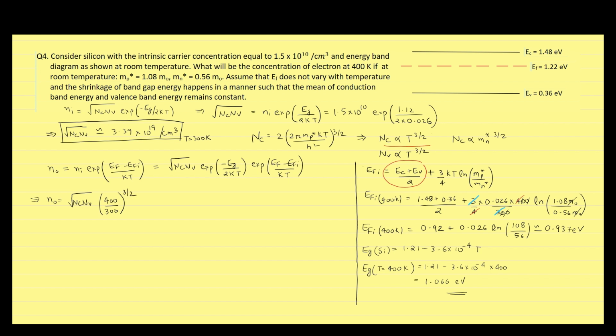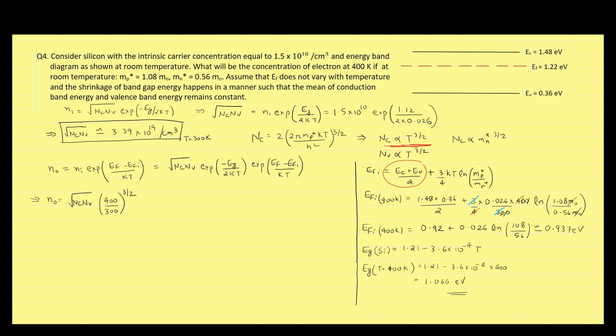We know that Nc is directly proportional to temperature raised to the power 3/2. One expression will come from the Nc and one will come from the Nv. This 300 is divided as we know the value of Nc at 300 Kelvin, and 400 is multiplied because we need to find the value of Nc at 400 Kelvin.